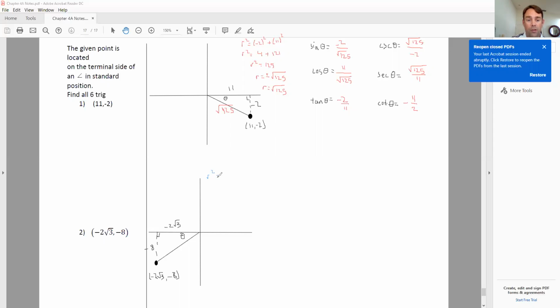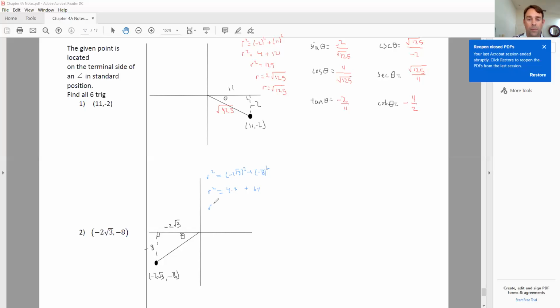So r squared equals -2 root 3 squared plus -8 squared. So now this first one, I have to square both the -2 and the root 3. So -2 squared is 4. Root 3 squared would be just 3, plus 64.